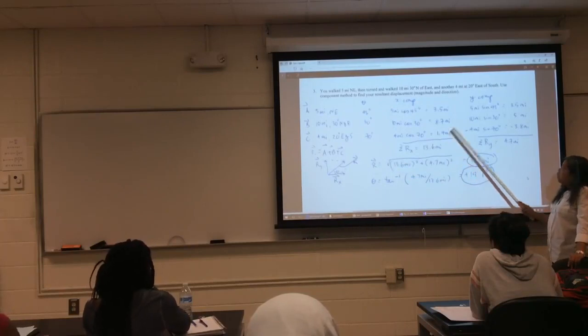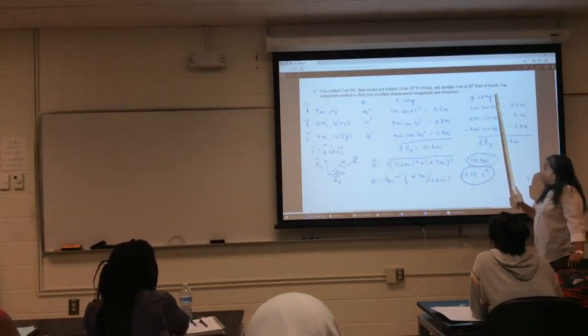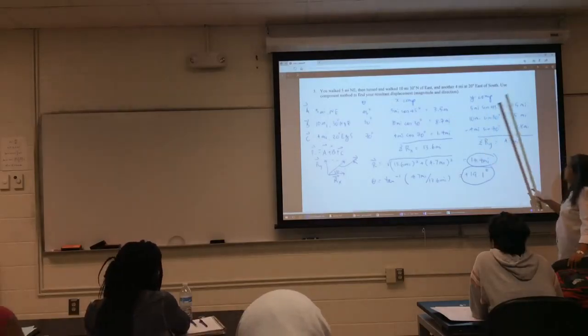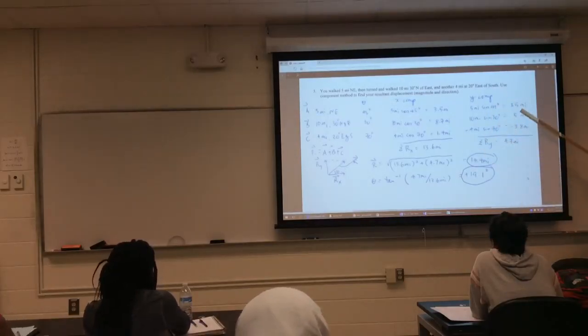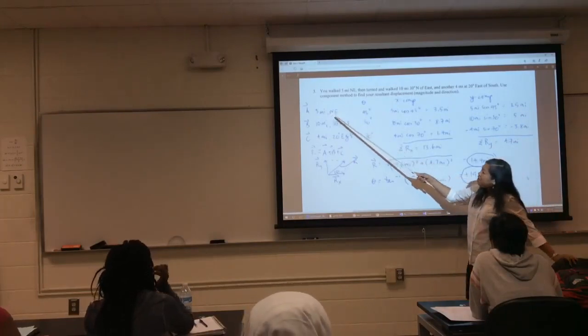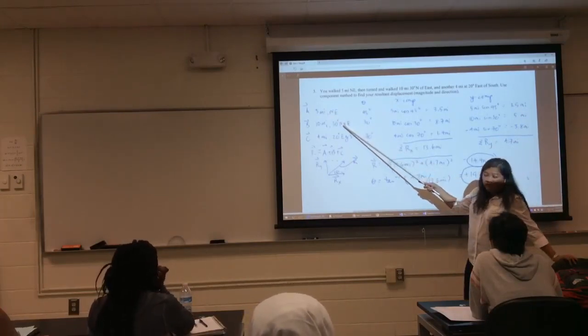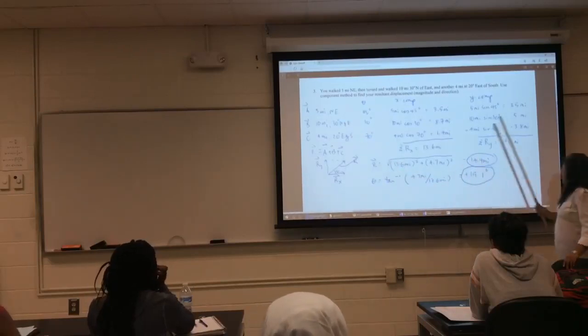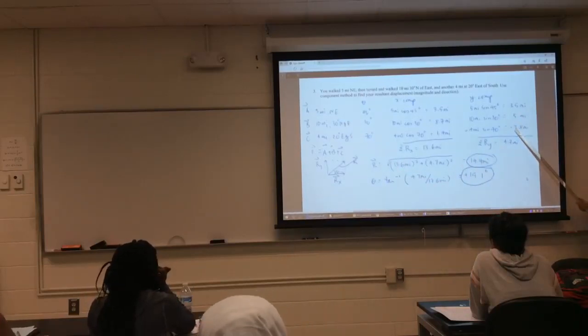All right? You'll do the same thing with the y component. So it's going to be a sine of the angle. So just directly substitute, write down your values, and realize that this one is north, this one's north, so those are positive y components, but this one is south. So this is going to be a negative component. All right?